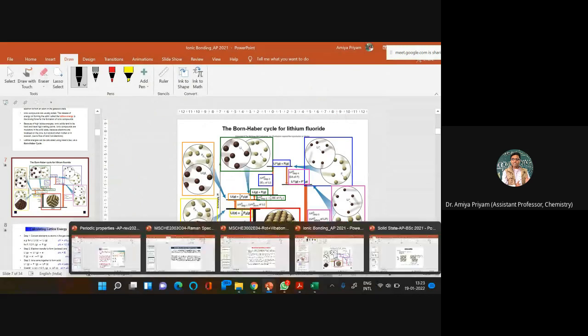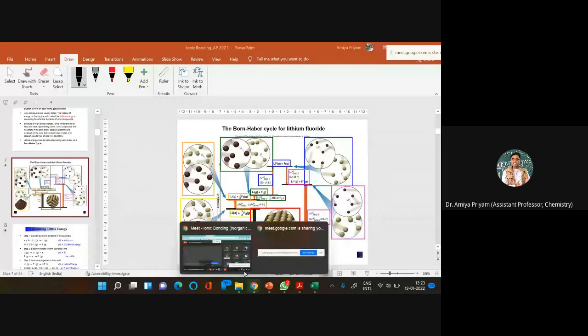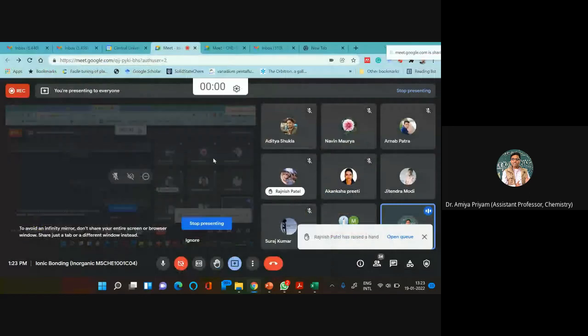All other terms in the Born-Haber cycle are determined experimentally. It is possible to do that, but lattice energy has to be determined by simple calculations from all other factors.